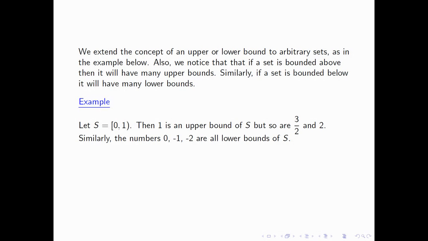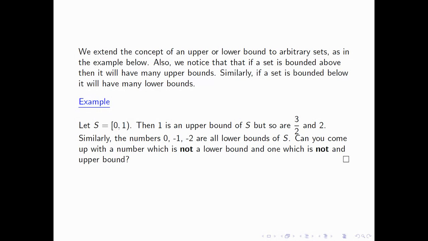Similarly, the numbers 0, -1, -2 are all lower bounds of S. And so we can see that if a set has an upper bound, it will have many. If it has a lower bound, it will have many, right? So if you think through this, when you read through the notes, see if you can come up with a number which is not a lower bound and not an upper bound for the set S.